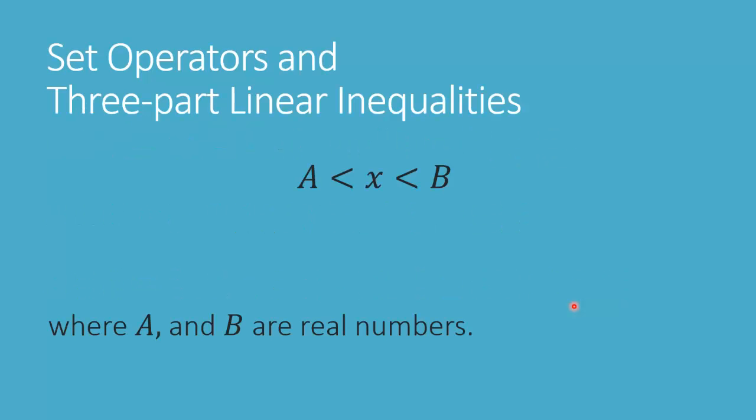Now, when you think about set operators in the three-part linear inequality that we looked at before, where we were saying x was some number between A and B, you could think of that as being an intersection of two inequalities. In other words, this is the same as saying we want all x's that are greater than A, and we want all x's that are less than B. It's just another way of saying it.